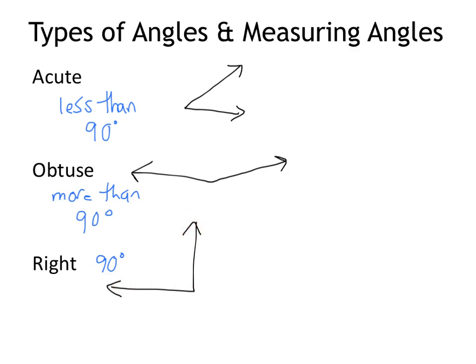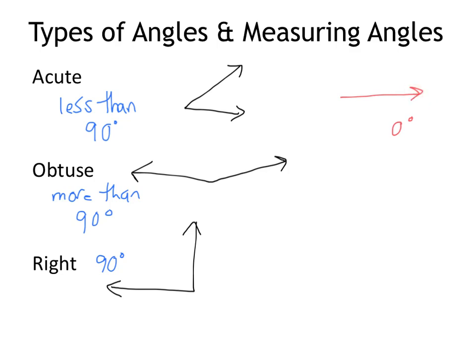Now, I've already started to allude to it in this lesson, but when we're measuring an angle, we're kind of looking at how much of a turn has gone on. So here, this is a ray, but you could also think of this as a 0-degree angle. Imagine I had a ray stacked on top of a ray, and I asked you how much turning occurred between those two rays.